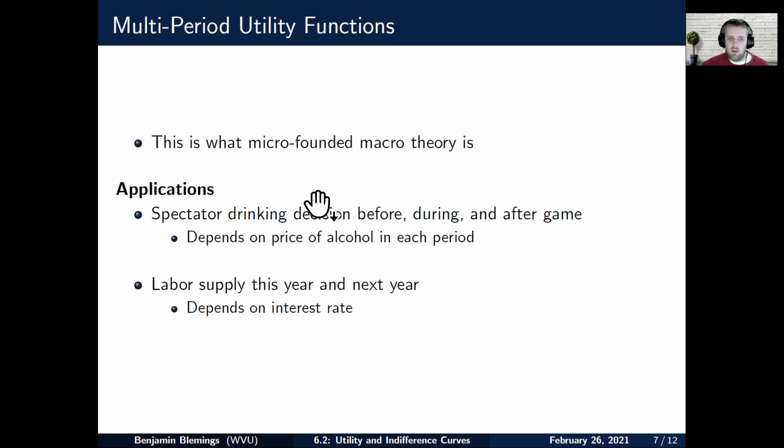How much they consume in each period depends on the price of alcohol in each period, and their utility is some additive function of how much they consume in each period. That's a micro example. A more macro example would be your labor supply this year compared to next year. It depends on the interest rate and how much return you get from saving your money instead of consuming it and working, and that kind of thing.